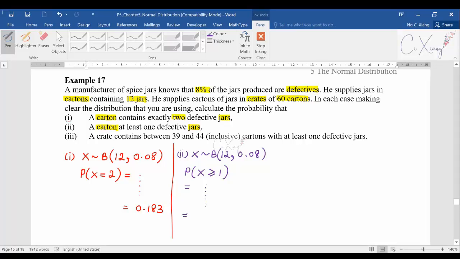For this one, the answer that you get should be 0.6323336123. And of course, you cannot leave your answer like that. You have to change it to 3 significant figures, which is 0.632.